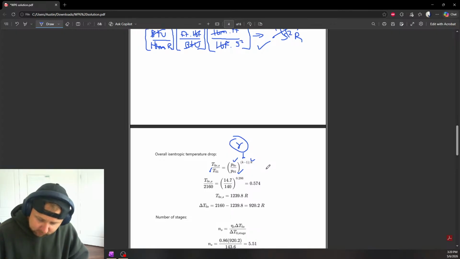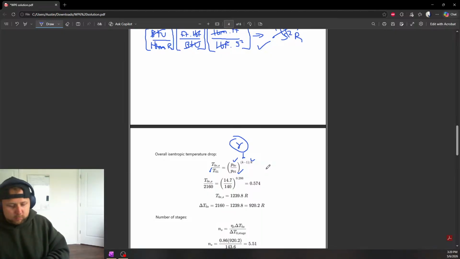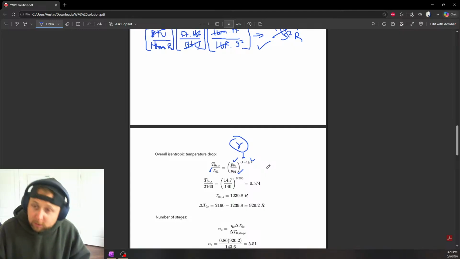Those units cancel, and we have a 0.4 over 1.4, which always comes out to about 0.286. That's correct, right? Yeah, 0.286. So 1239.8 Rankine.